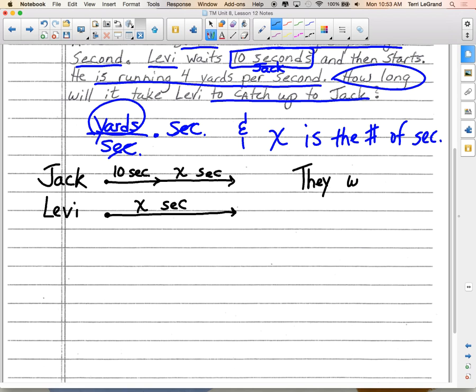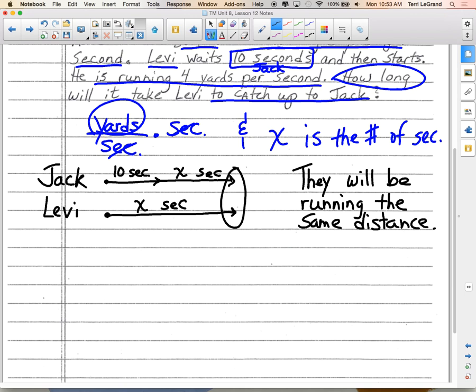They will be running the same distance. And our picture shows that. This is where they catch up, right here. That's where he catches him. They're gonna be running the same distance.